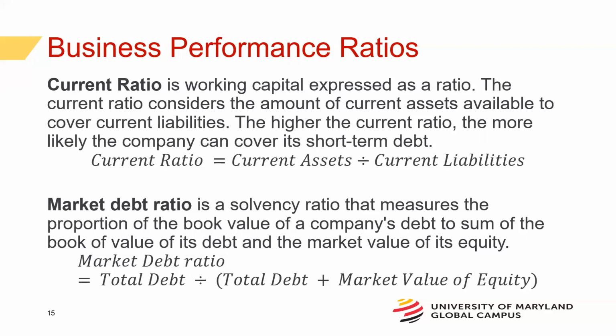And so that calculation is we take our current assets and divide that by our current liabilities. The current assets and current liabilities can be found on the balance sheet. Assets and liabilities are on the balance sheet. We can find current assets and current liability line items on the balance sheet.